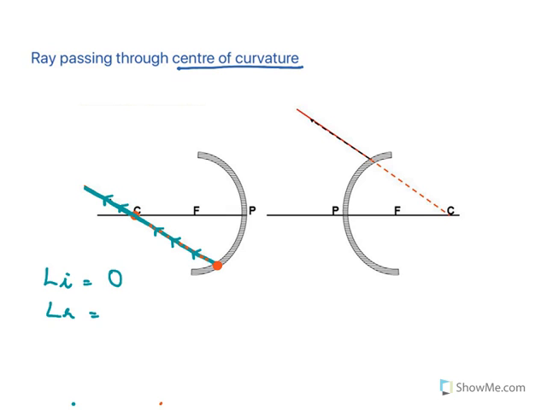Now for the convex mirror, we have the center of curvature here, and the ray is heading towards the center of curvature, and the point of incidence is out here. The normal will be the line joining the point of incidence and the center of curvature. So this will be your normal.